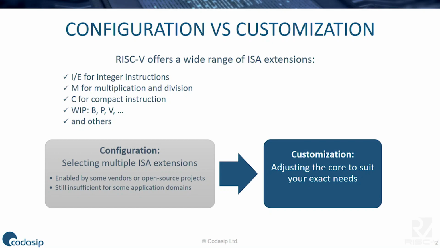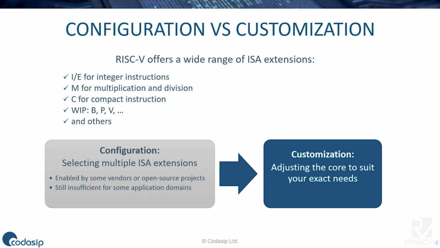But not only that, we have the standard ISA things such as IMC. We also have our own options such as jump prediction or caches or things like debug and trace. So you just select whatever you need, click on the button, and you have it in a couple of minutes. Now this is configuration, and customization is something beyond that. It means that you have some secret sauce you would like to add into your core.